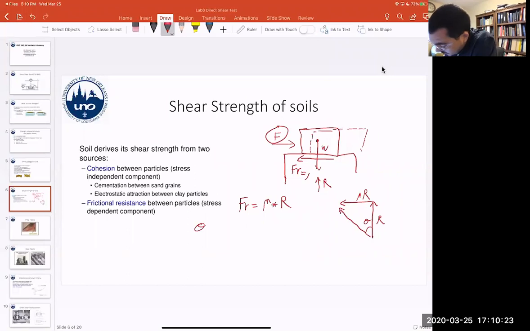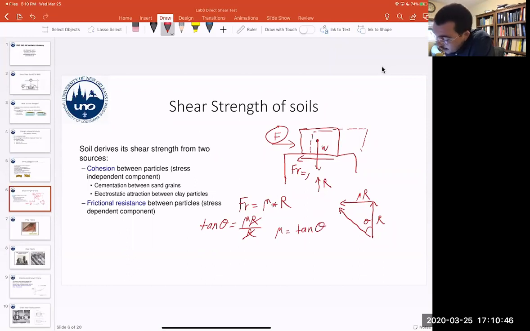And if we want to find this theta, we'll say tan theta is equal to mu R divided by R. And we can cancel these out, and then what we'll have is mu is equal to tan theta.